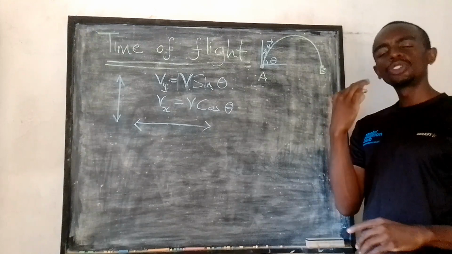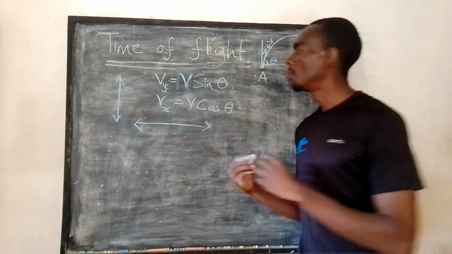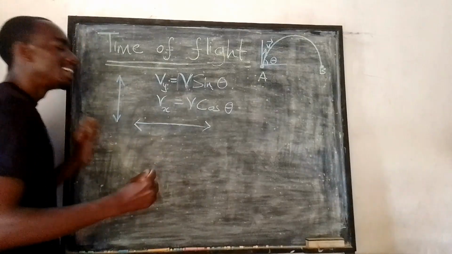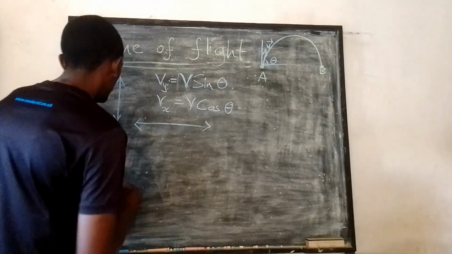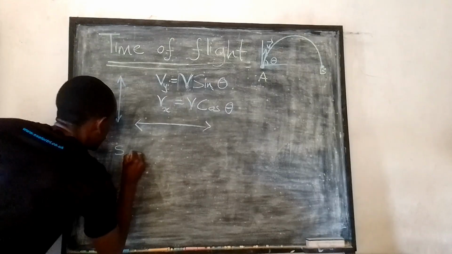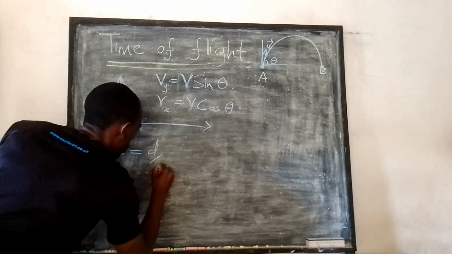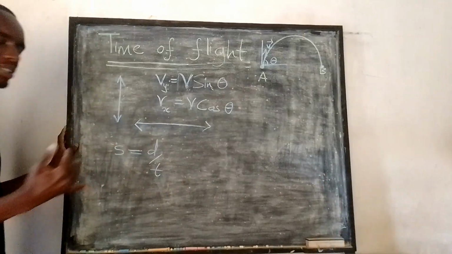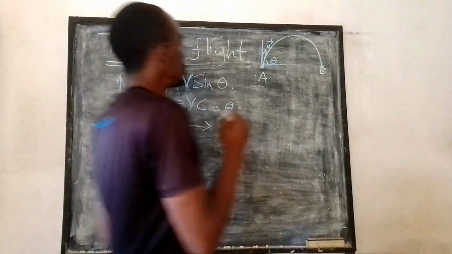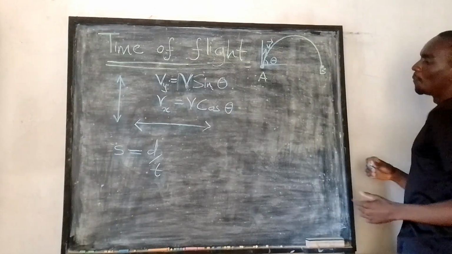And because the acceleration is zero, we can simply use the usual speed formula, which is speed is equal to distance over what? Over time.